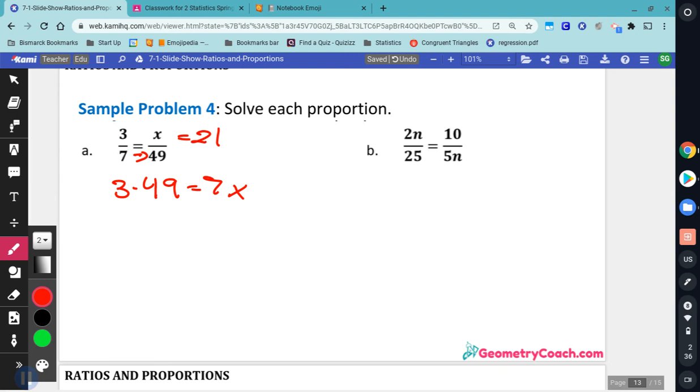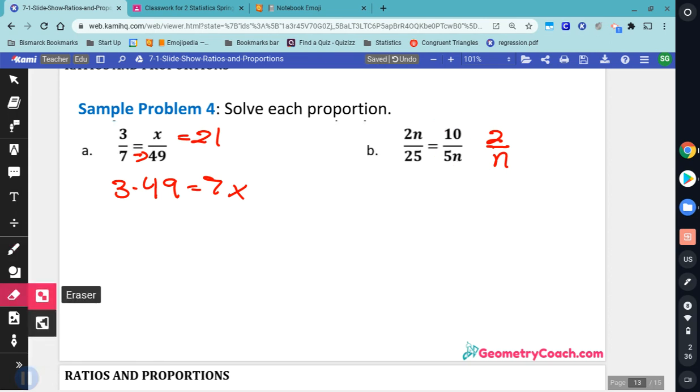And this one, I can simplify this one a little bit. The second one, they're both multiples of 5, so I could put 2 over 1n, so that's just 2 over n. So then it looks like I'm multiplying both sides by n, but that doesn't really help me.